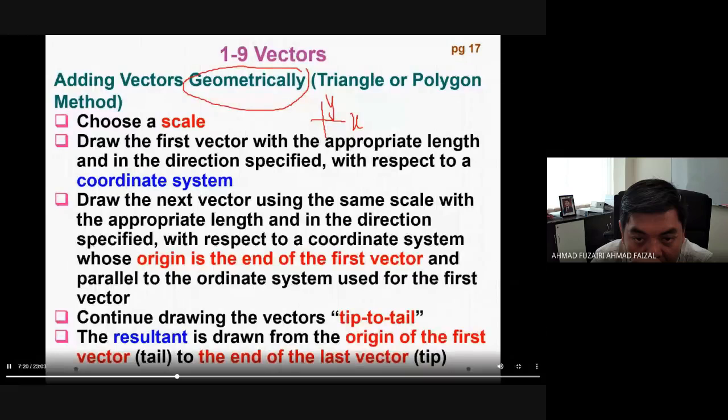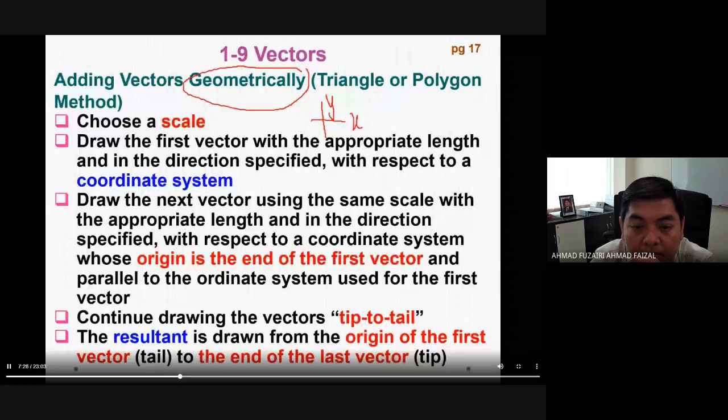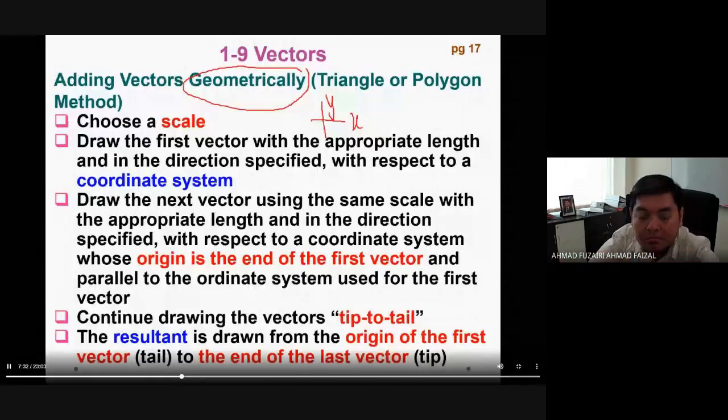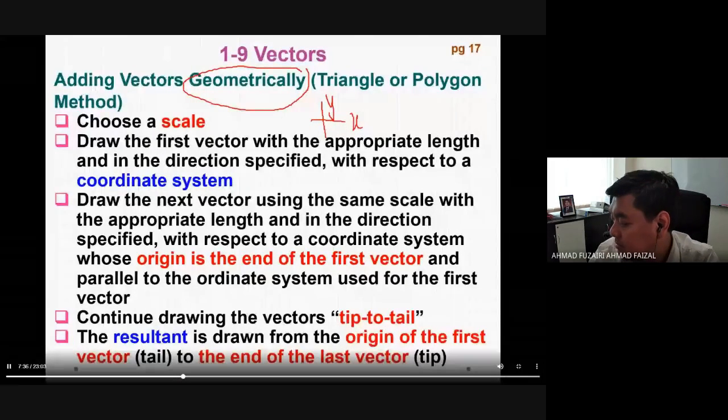Draw the first vector with the appropriate length and in the direction specified with respect to the coordinate system. Then draw the next vector using the same scale with the appropriate length and in the direction specified, whose origin is the end of the first vector and parallel to the coordinate system used for the first vector.